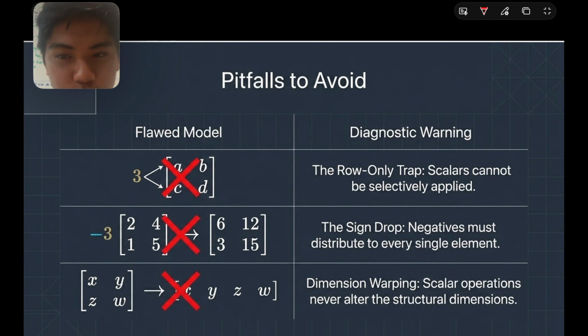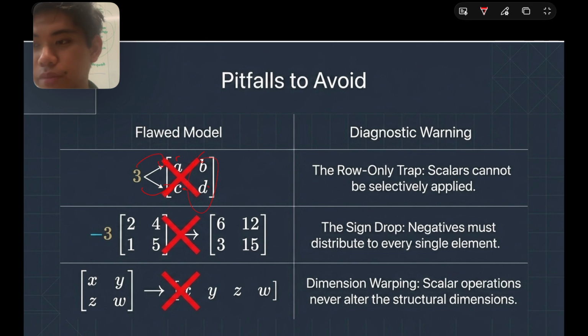So some pitfalls to avoid is choosing one row or column and multiplying that. So people may think that they're only applying the 3 to the first column because it's the closest one, and then the B, D is not affected, but that's incorrect. Okay, every single component needs to be multiplied by that scalar.